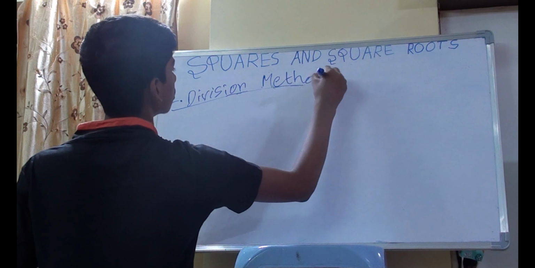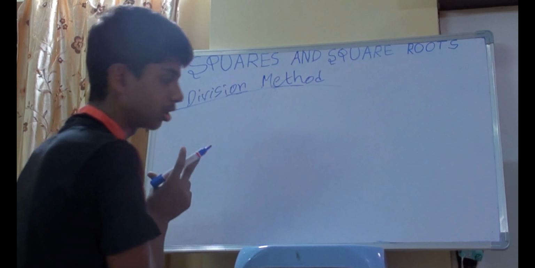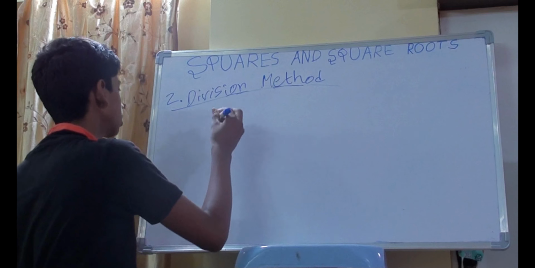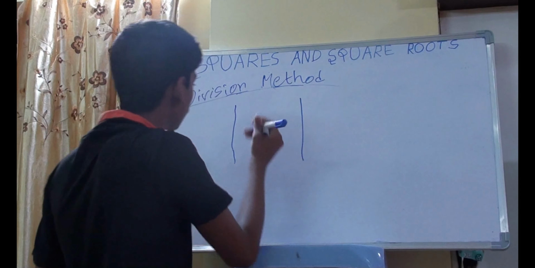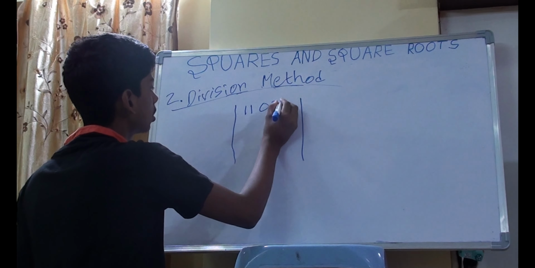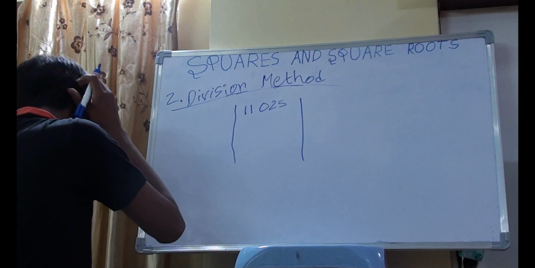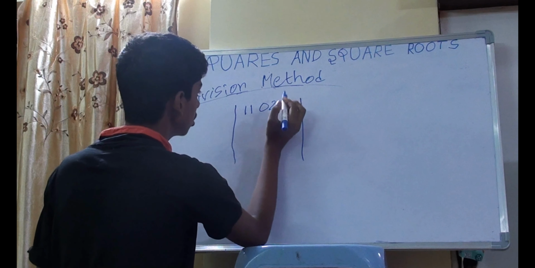This is much easier compared to the prime factorization method. First we draw two lines, and in between we write the number. So let's take 11,025.